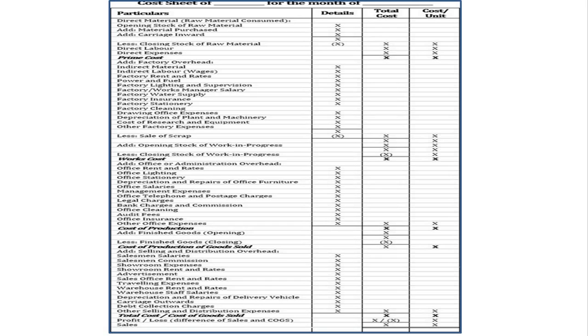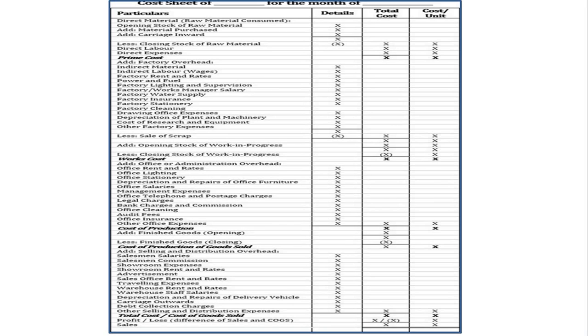Okay. And after you complete the calculation of prime cost, you are supposed to add all the factory overheads. Remember, any item which is related to the factory or which comes inside the working of the factory will be added under factory overheads. Some examples of factory overheads are factory rent and rates, power and fuel, factory manager's salary, factory insurance, factory cleaning, cost of research and equipment, and loose tools.